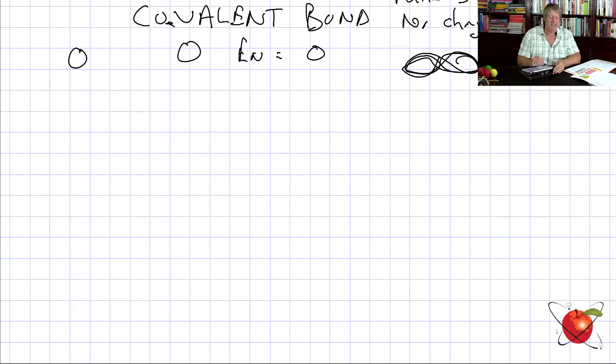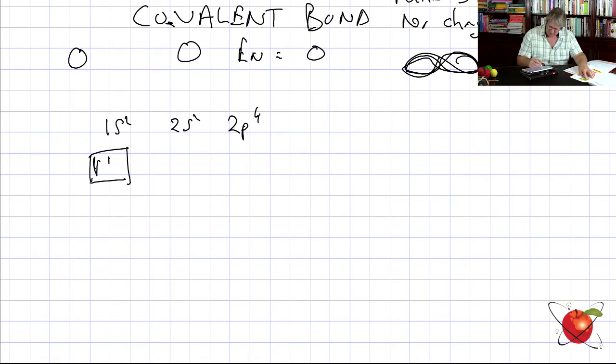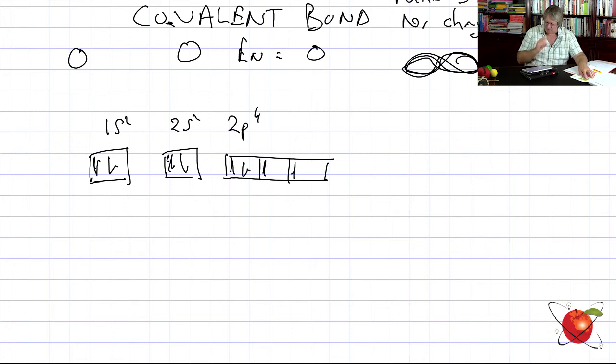put oxygen down again. Oxygen was number 8, right? Oxygen was 8. So we go 1s2, 2s2, 2p4. I'll just do this once again. Okay? And like this. Like so, like so, like so. There's 3 there. So we know we've got our 2.